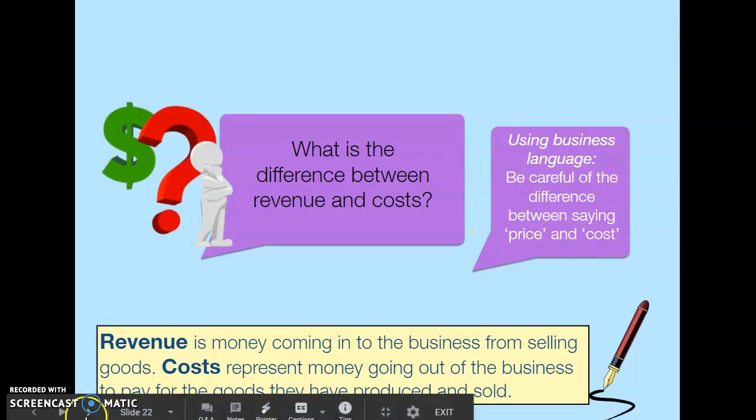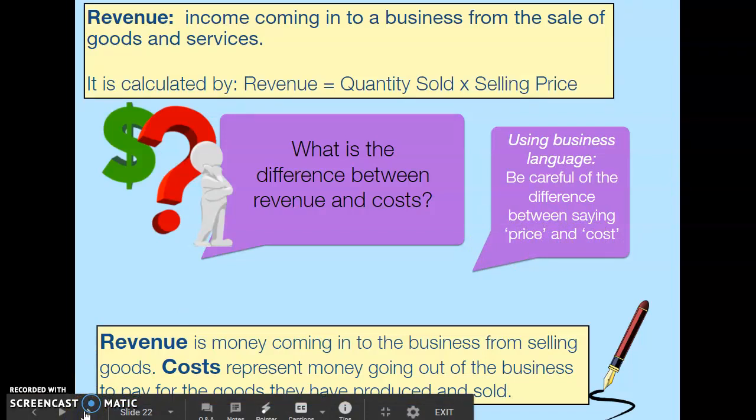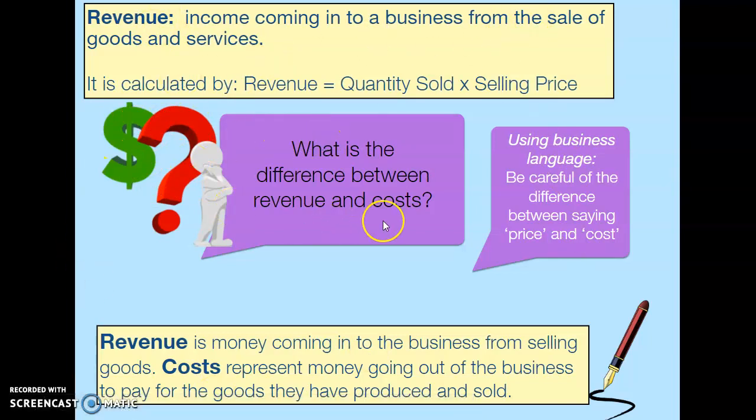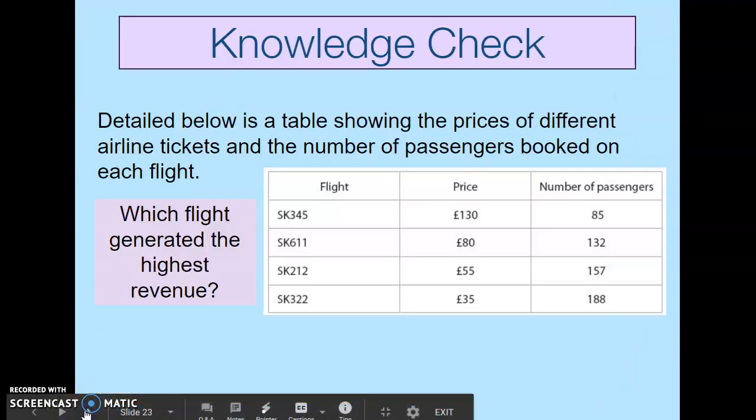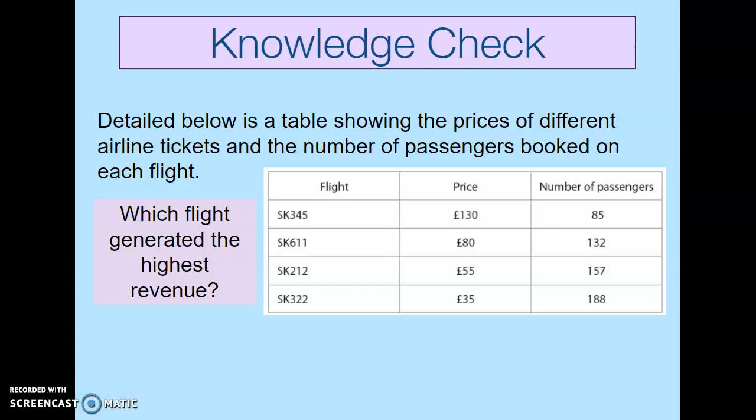I've put here a slide in which I've given you the definition of revenue and the difference between costs. I put everything that I just said into one slide. Now, detailed below is a table showing the prices of different airline tickets, so the prices of different services that these airlines have provided and the number of passengers booked on each flight.